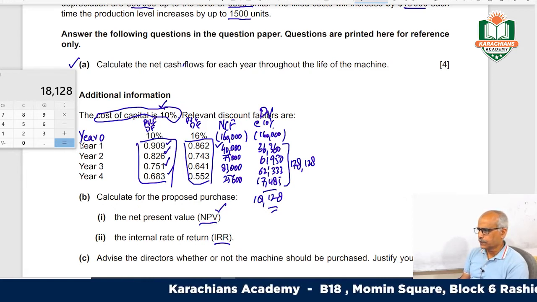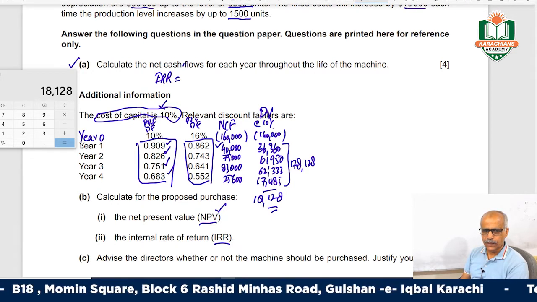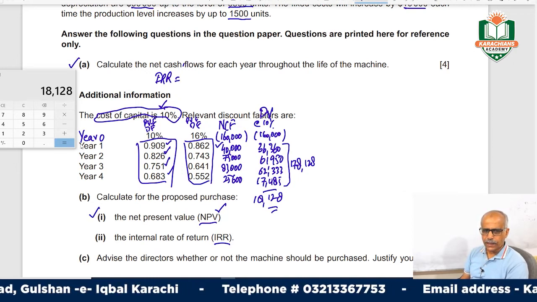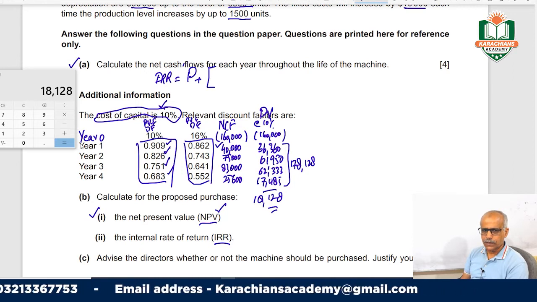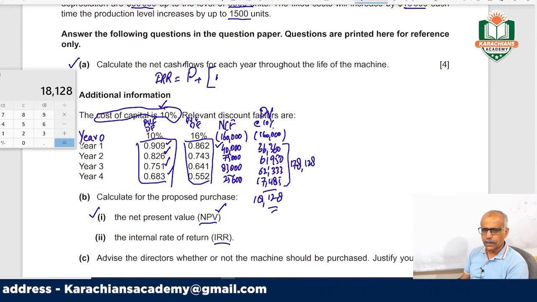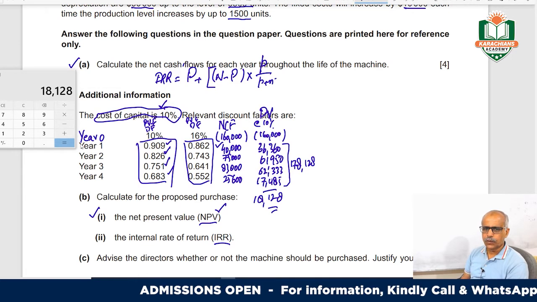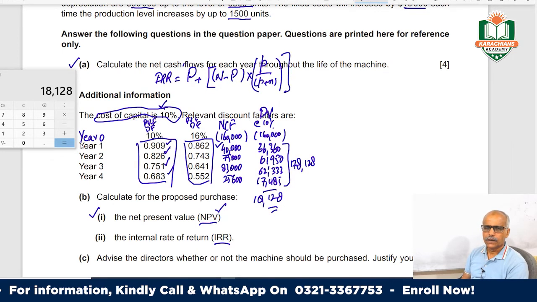So the formula of the internal rate of return which is provided to us is: IRR is equal to capital P plus (capital N minus capital P) difference multiplied by small p divided by small p plus small n, this factor, right?